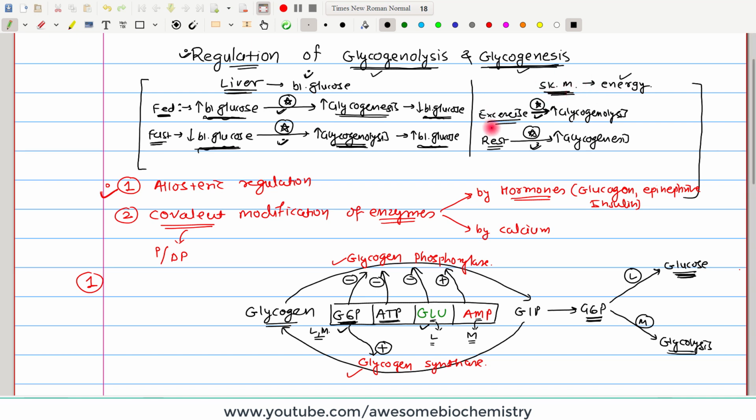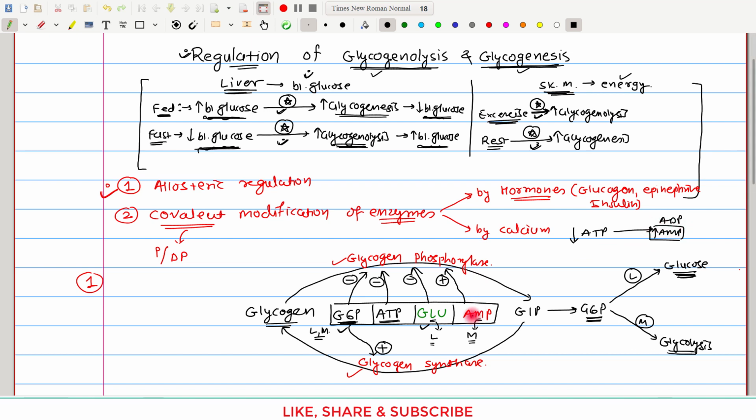In the skeletal muscle, when they undergo exercise, energy is required. So what will this skeletal muscle do? They will break down ATP to ADP and AMP, and energy will be released that will be utilized by the skeletal muscle. Now because of this, ATP's concentration will decrease and AMP's concentration will increase.